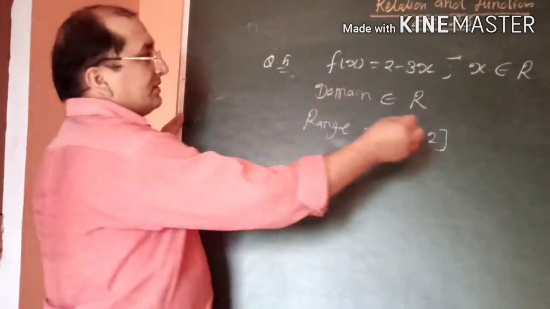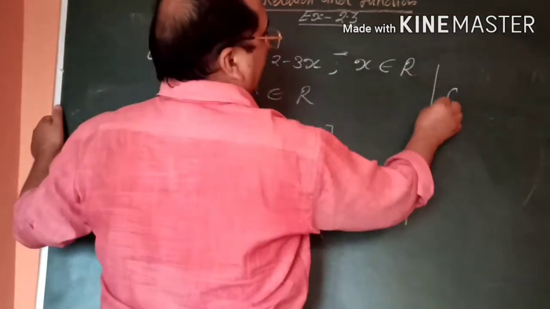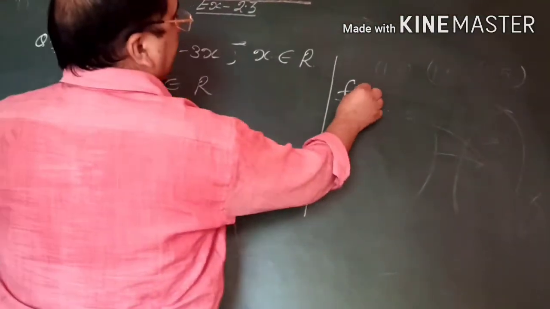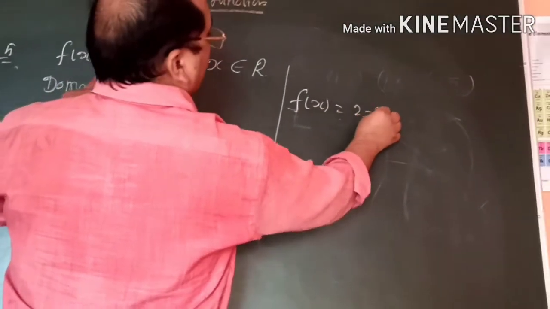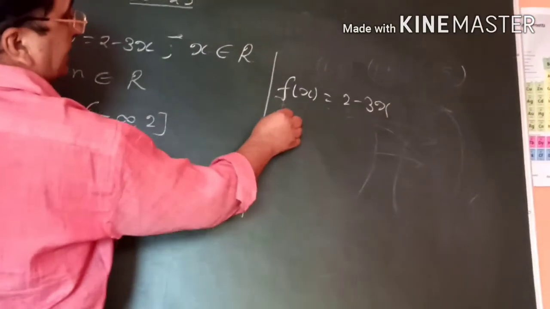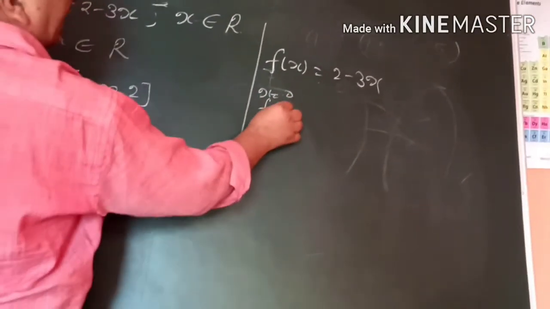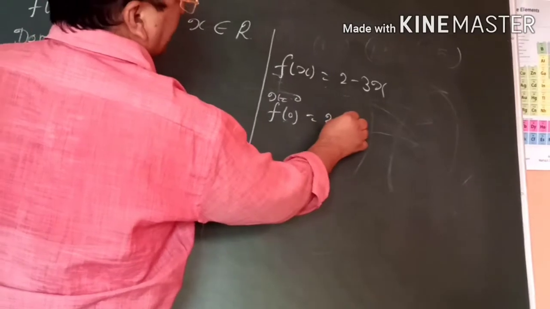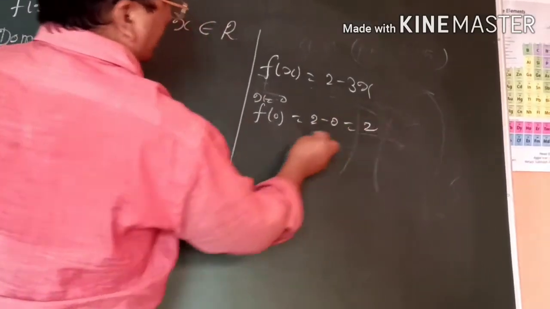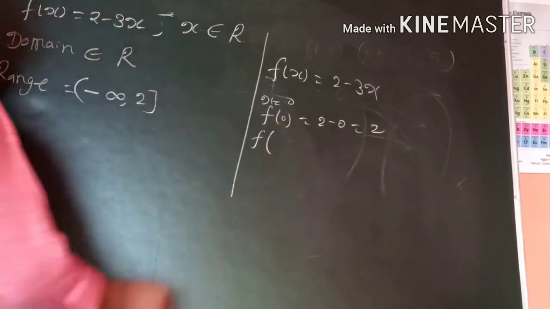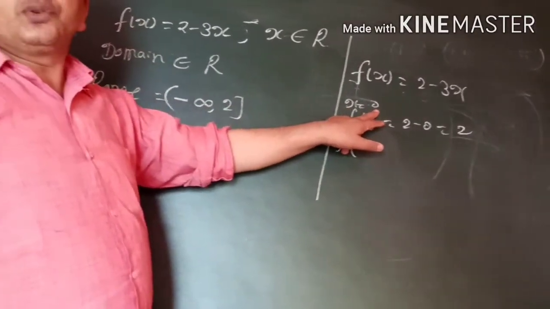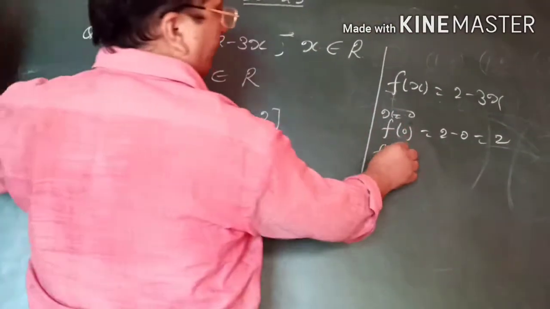But how? Now see. If f of x is defined as 2 minus 3x, if x equal to 0, then you can put x equal to 0. 2 minus 3 times 0, that is 0, gives 2. Suppose another number rather than 0, suppose we put f of 1.